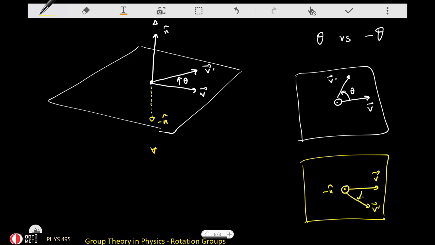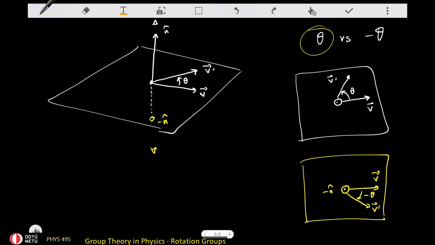So in that case, I would describe the rotation angle as negative 45 degrees, for example, minus theta. So depending on how you choose this axis n, you can describe the rotation angle as positive theta or negative theta.